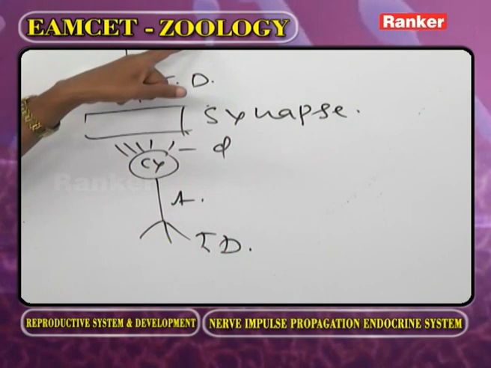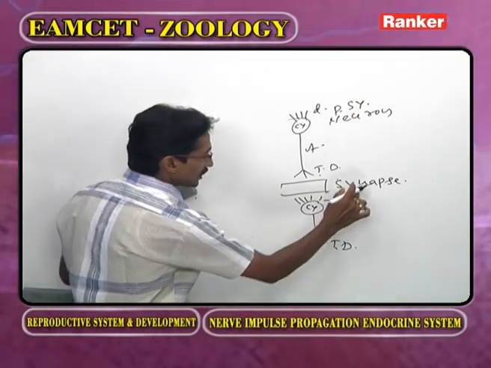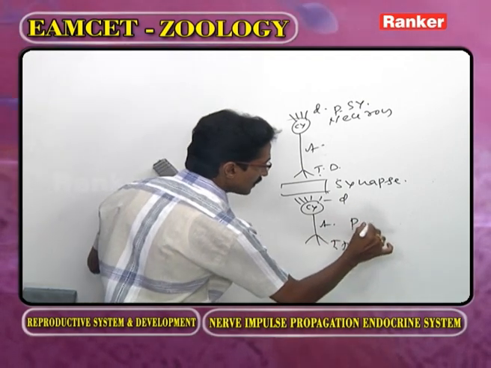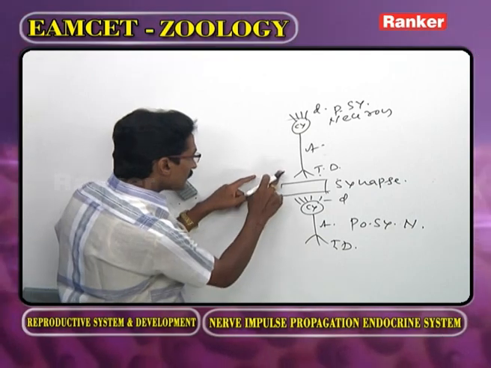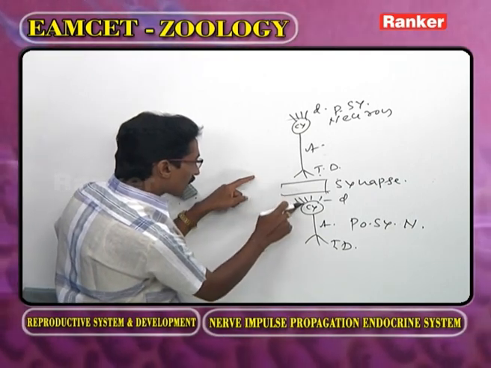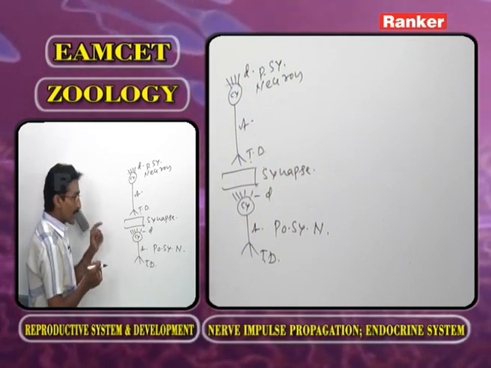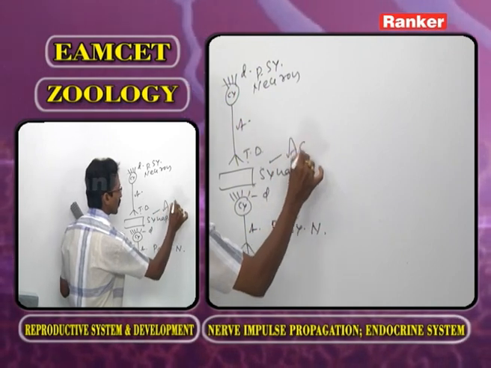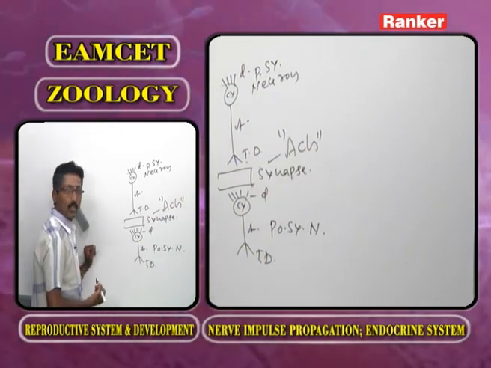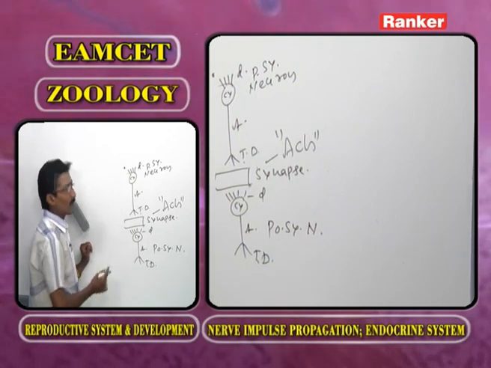In front of the synapse it is called the presynaptic neuron. Behind the synapse it is called the postsynaptic neuron. Now in order to pass the information through the synapse, what is the required neurotransmitter? Here the popular neurotransmitter is acetylcholine. This dot indicates the stimulus.